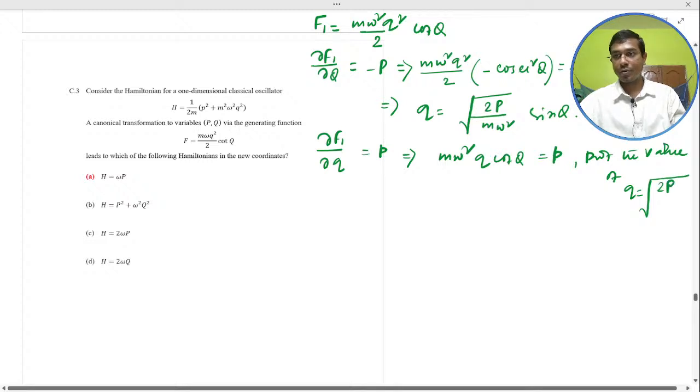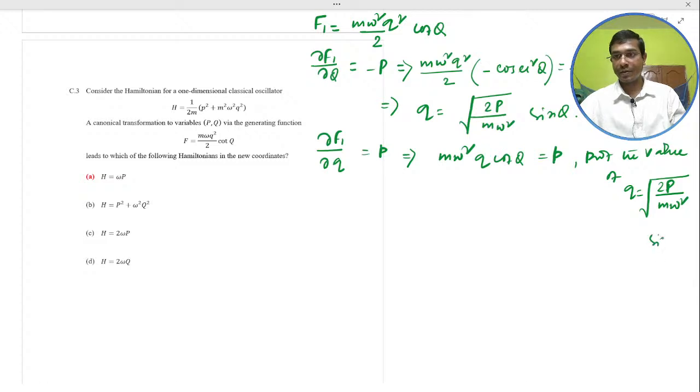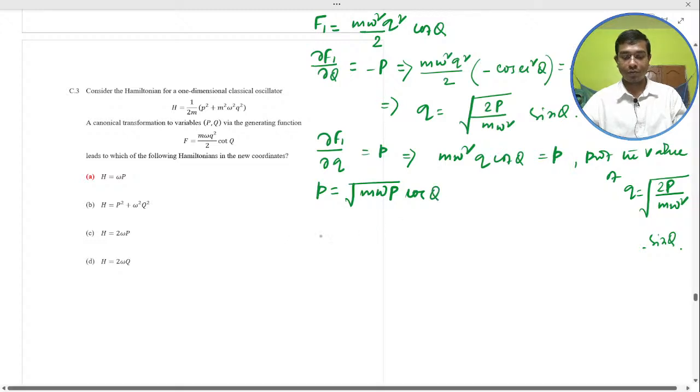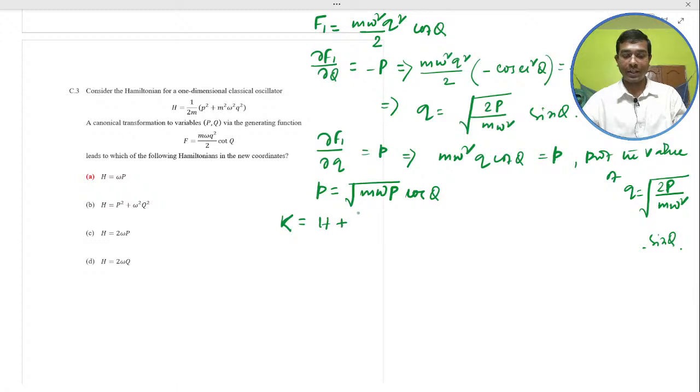Square root of twice P by m omega into sin Q. One will get the small p equal to square root of 2 m omega P cos Q.